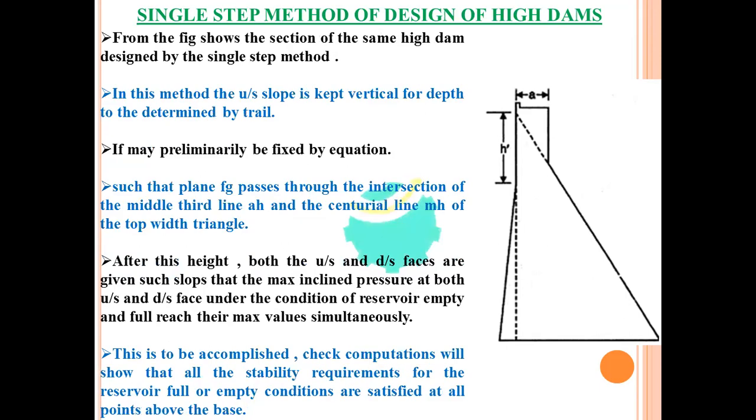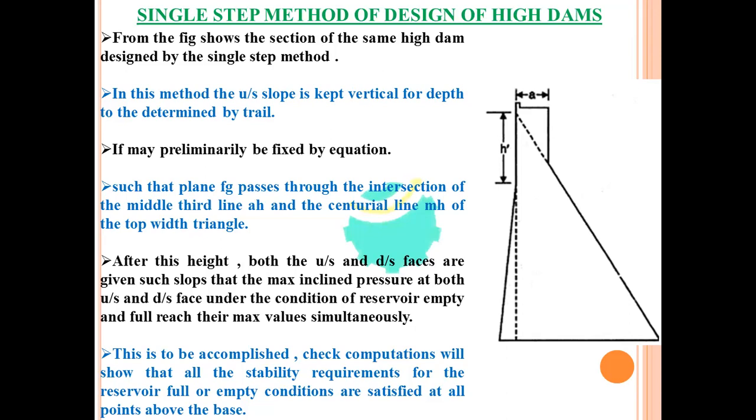The figure shows the section of the same high dam designed by the single step method. In this method, the upstream slope is kept vertical for a depth determined by trial, or preliminarily fixed by equation, such that plane FG passes through the intersection of the middle third line AH and the center line MH of the top width triangle.